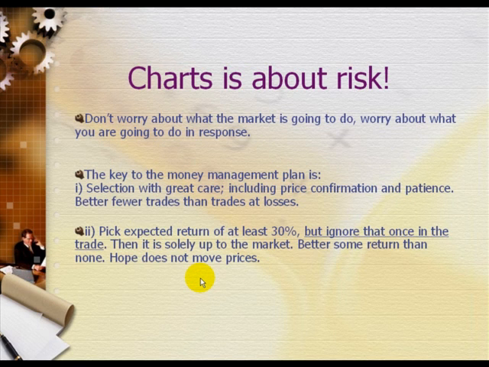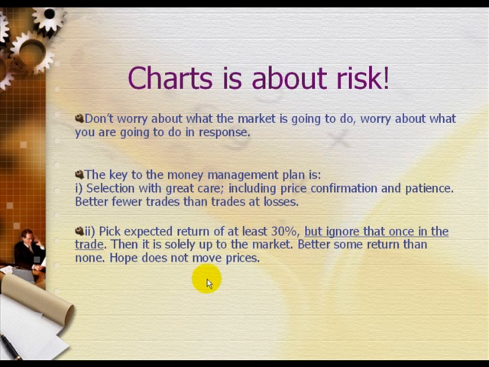You get into a problem. So, the returns are solely up to the market. Before we get in, we're expecting 30%. Once we're in, we ignore that. We get out at the best possible levels. Better to have some return than to have none at all. And your hope about what's going to happen to a share price, well, I'm afraid that simply does not move share prices, contrary to popular belief.